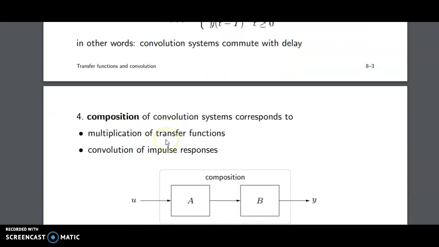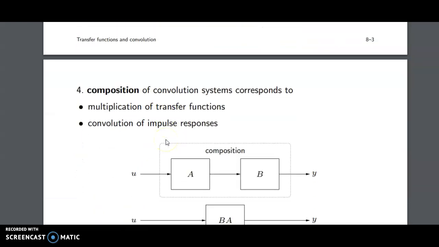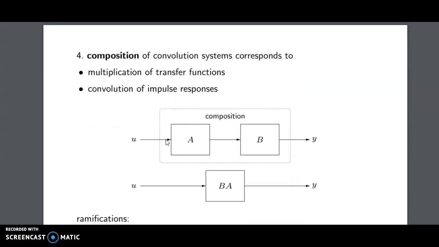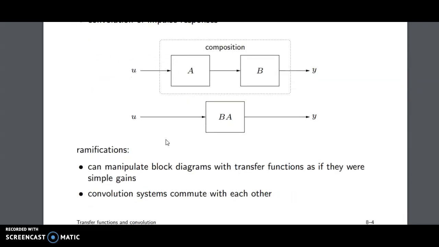The last one is composition, which is also a property of convolution. Composition of convolution systems corresponds to multiplication of transfer functions and convolution of impulse responses. I think that's all for the transfer function, and you can read more.